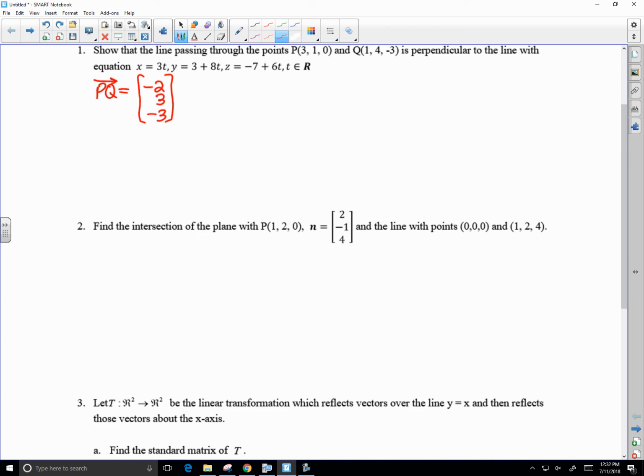Then you have your vector related to the equation of the line. I don't think I defined it in any particular way. Coefficients A, B, and C. So the coefficients of the independent variable t are 3, 8, and 6.